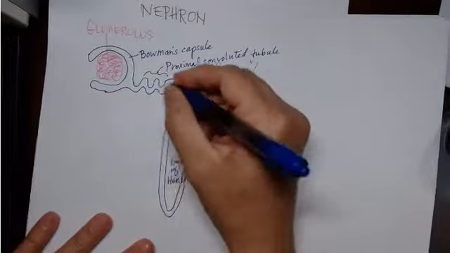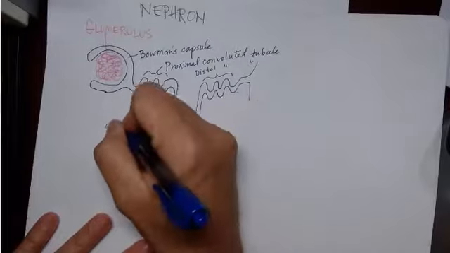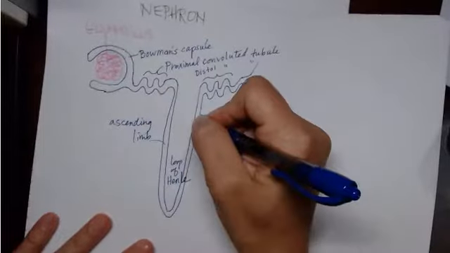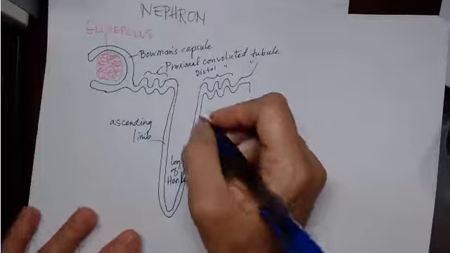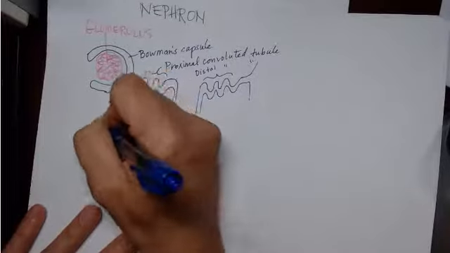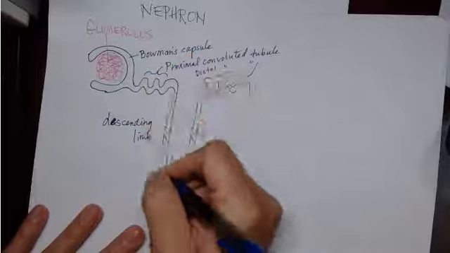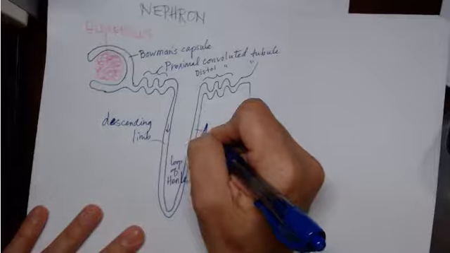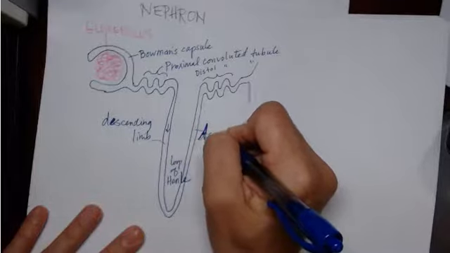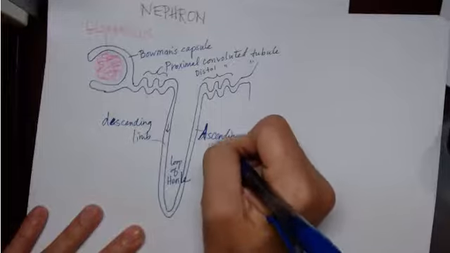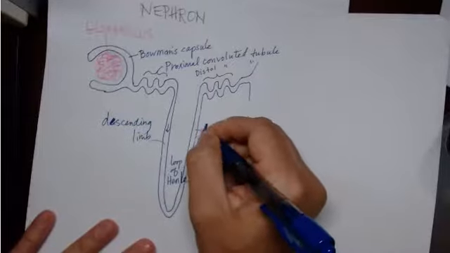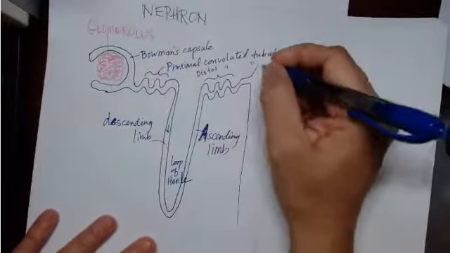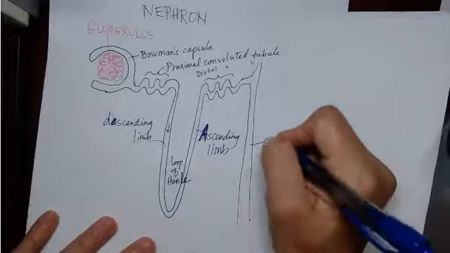And this part of the loop coming down is the ascending limb of the loop of Henle, and this part that's coming up is the, no. This is the D. It's coming down, so it's the descending limb, and this one's coming up, so it's the ascending limb of the loop of Henle. Sorry about that. Okay, then distal convoluted tubule. And then we have the collecting duct.